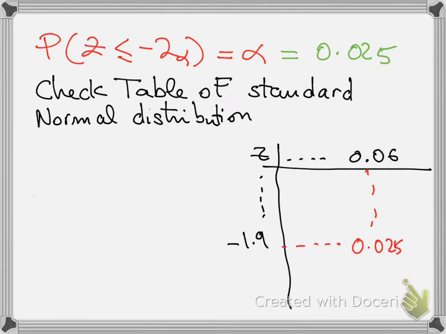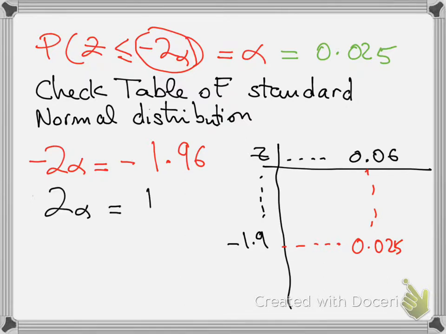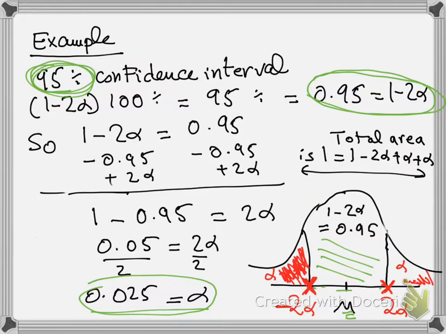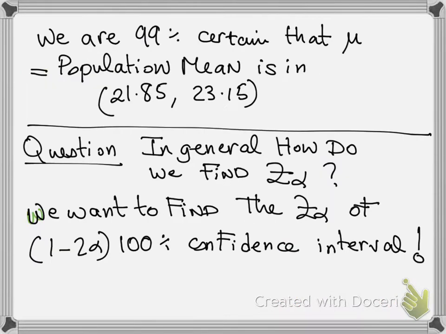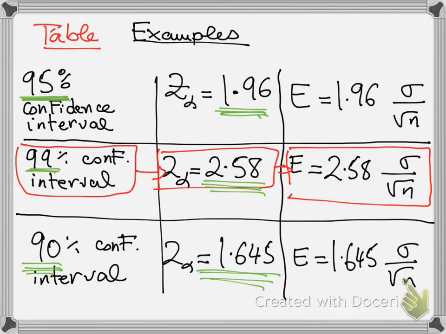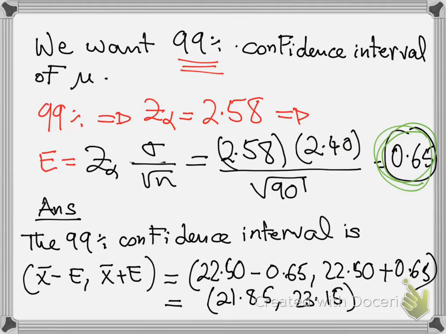Okay, so your minus Z alpha corresponds to negative 1.96. Of course, this is minus Z alpha, so then Z alpha is equal to positive 1.96. So this is why if you have a 95% confidence interval, then your critical value, Z sub alpha, is 1.96. Okay, so that's how we get the Z alpha.